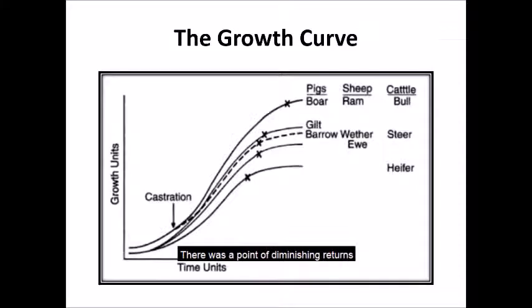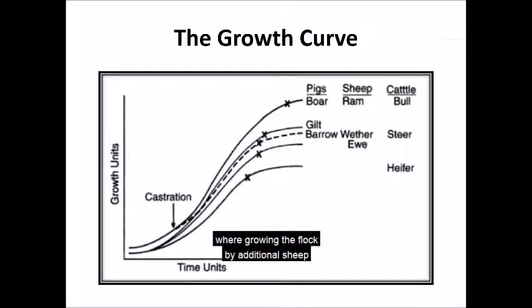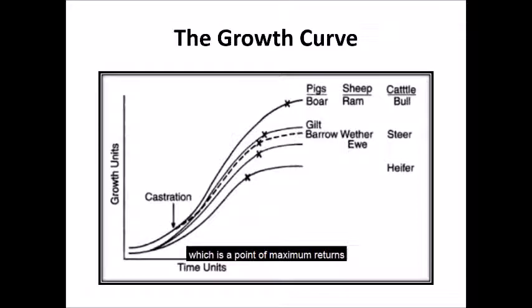There was a point of diminishing returns in that graph too, where growing the flock by additional sheep was not increasing returns or was exceeding resources. In this case, there's a point, it's denoted by those X's, which is a point of maximum returns where the growth of the animal slows down.